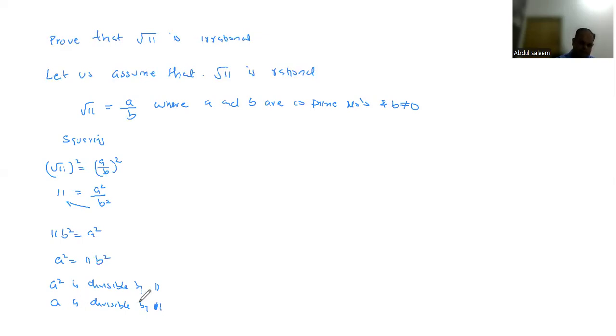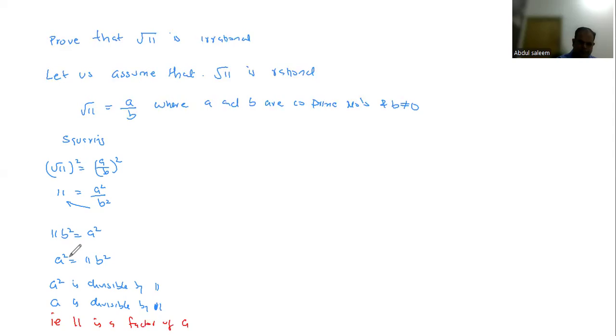If a is divisible by 11, that means 11 is a factor of a. Clear, right?